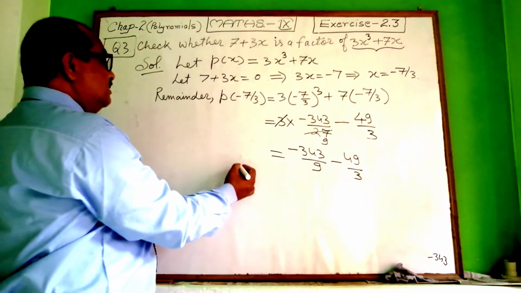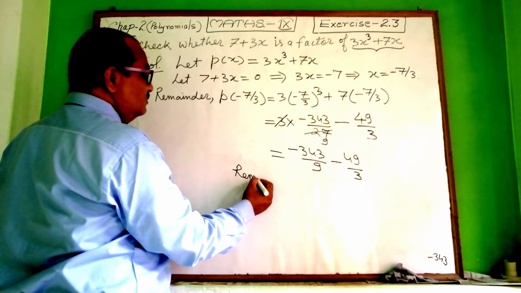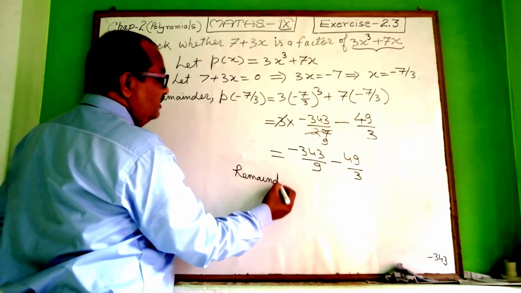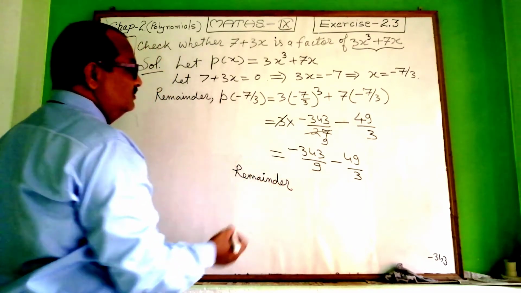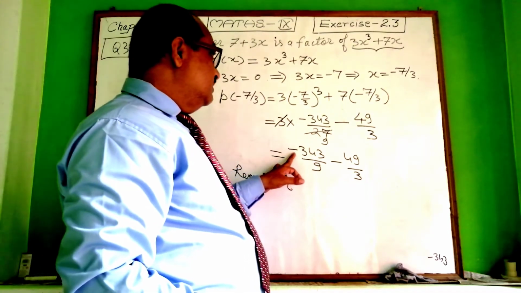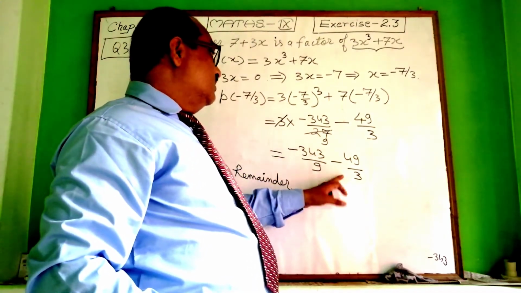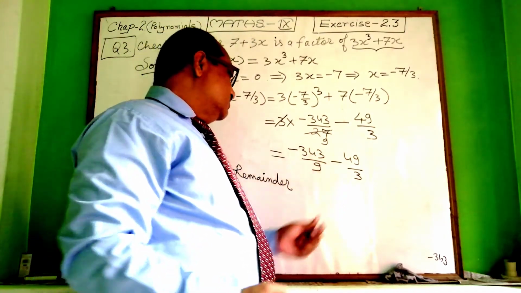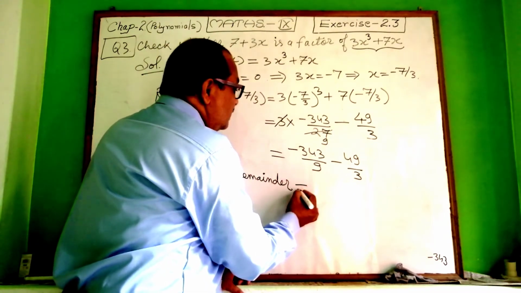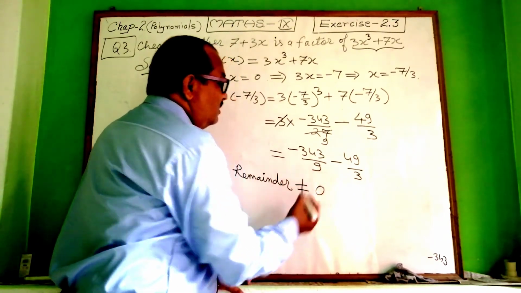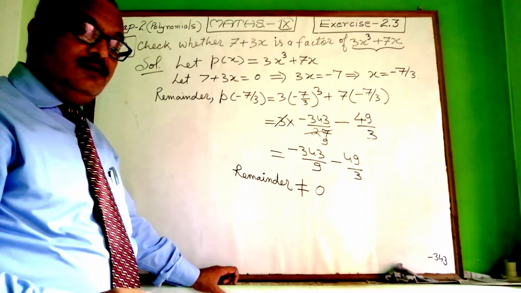Students, the main thing we should know is that it will never come 0. It is negative, it is also negative. So they will never be equal to 0. So you can see the remainder is not equal to 0.